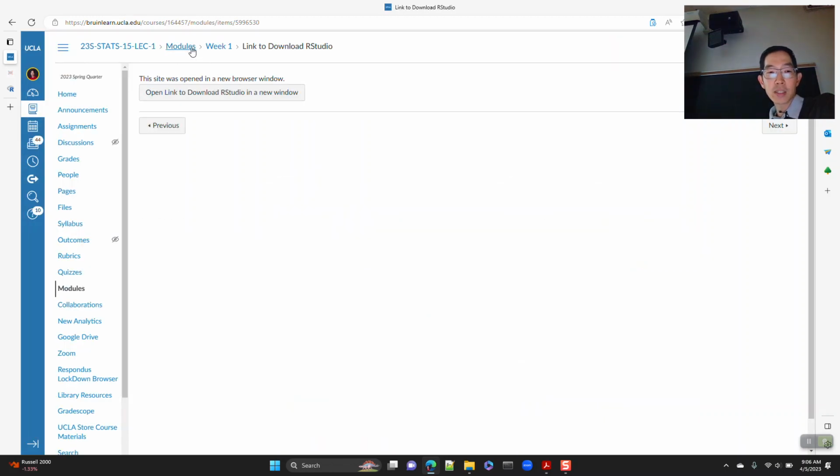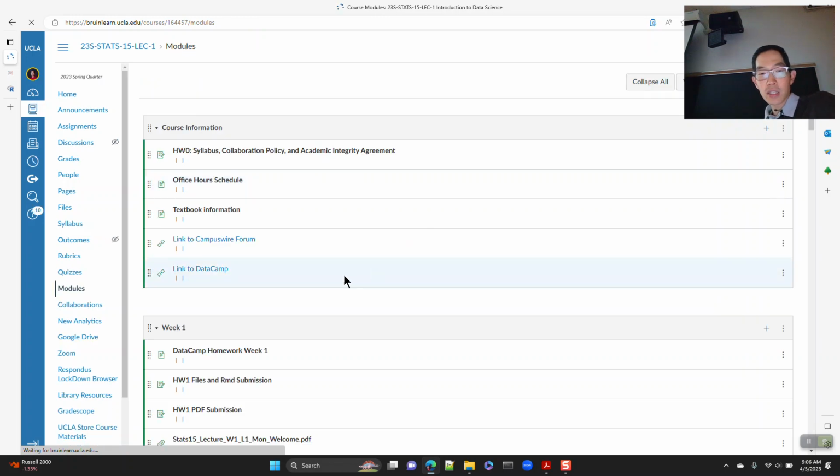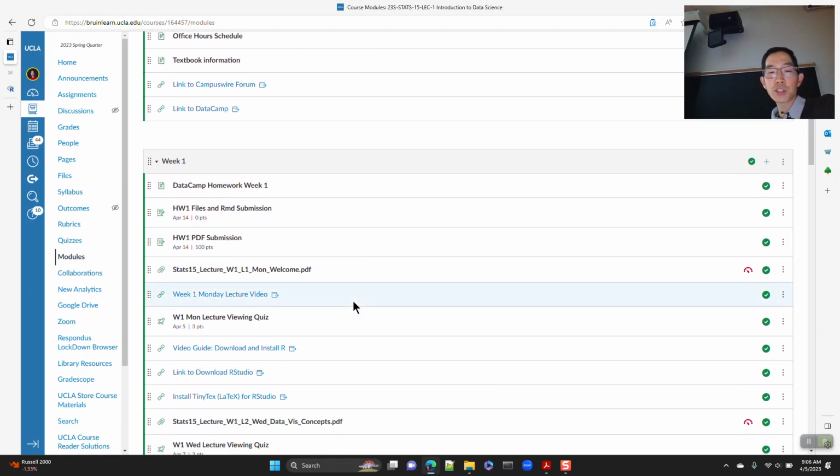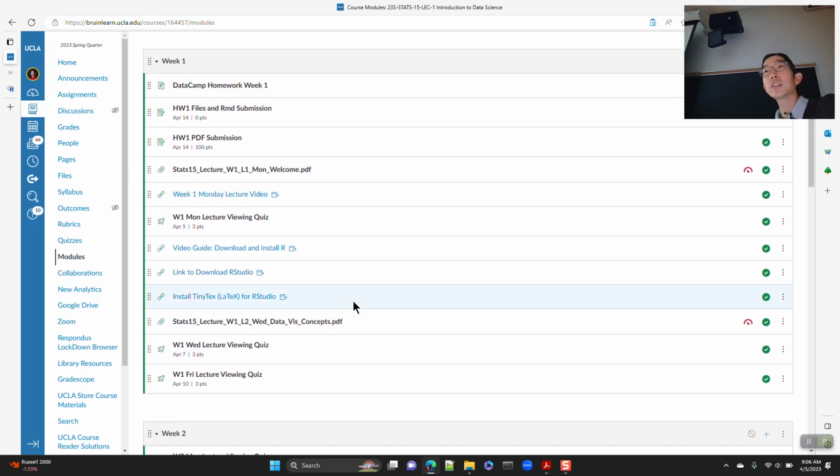Okay, and then the other thing you'll also need to install is a LaTeX distribution. Some of you may already have LaTeX on your machines. LaTeX is a typesetting engine that takes your documents and makes them nice, pretty PDF outputs.